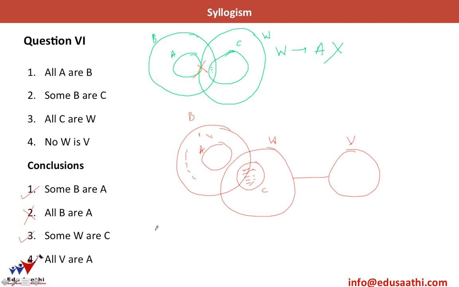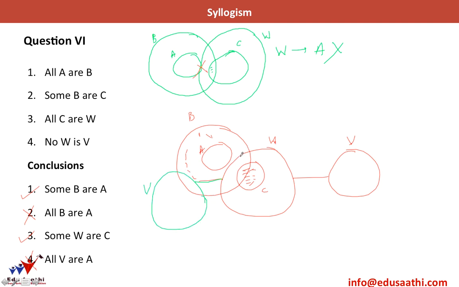All V are A. Now this we cannot say again, because even if you draw V somewhere here, let's say I'll change the ink color. If you draw V here, you draw this line, because you mentioned that no W is V. If you draw V here, you cannot say that there is an intersection.